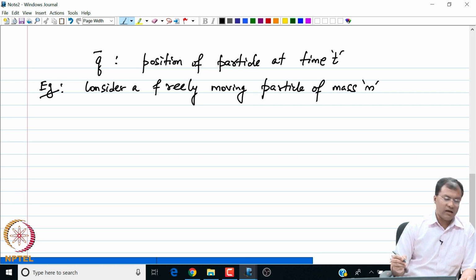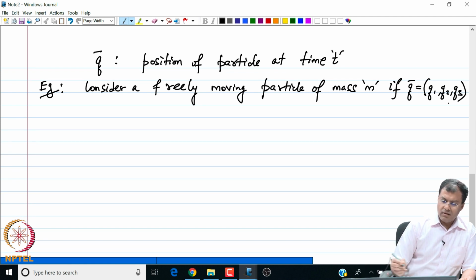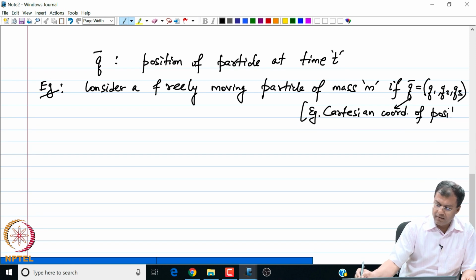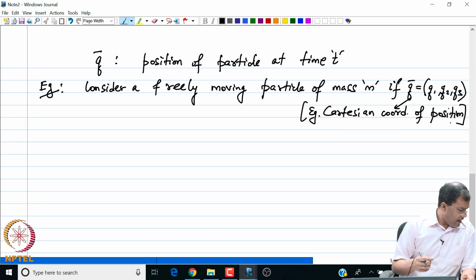If I am given the position vector q to be q1, q2, q3, for a freely moving particle of mass m, these are the Cartesian coordinates of the position of the particle.